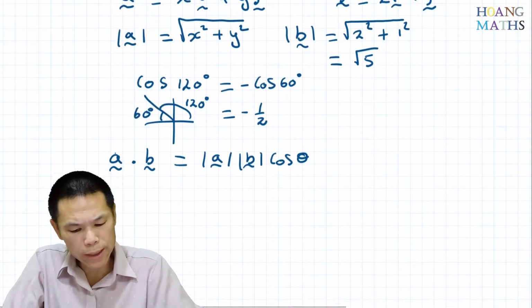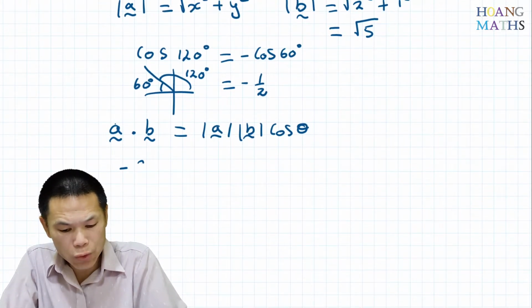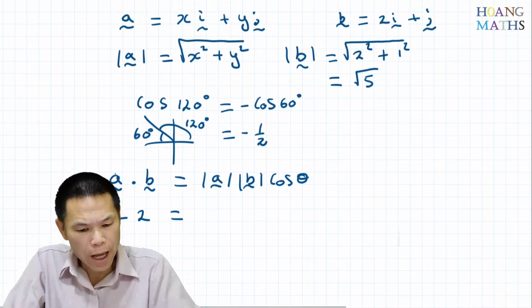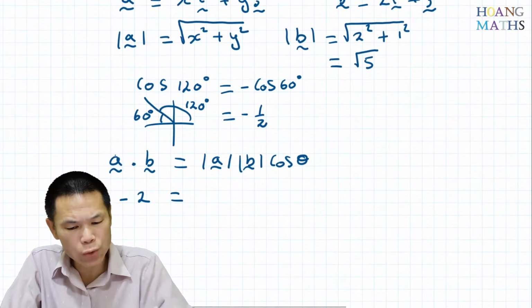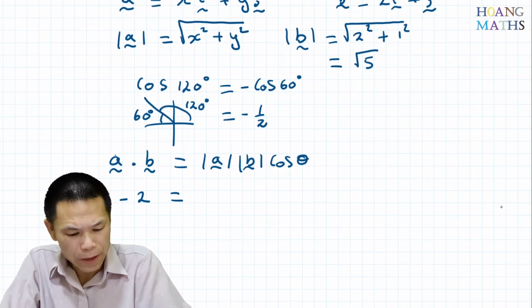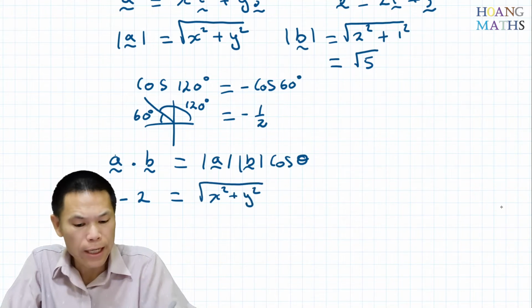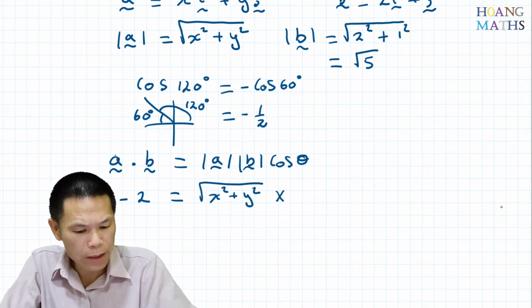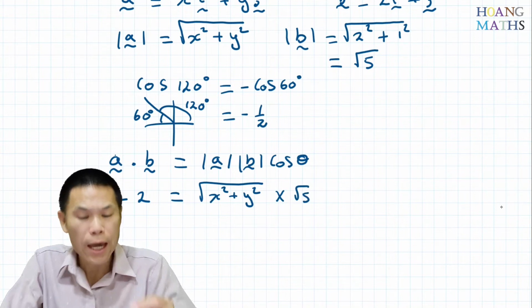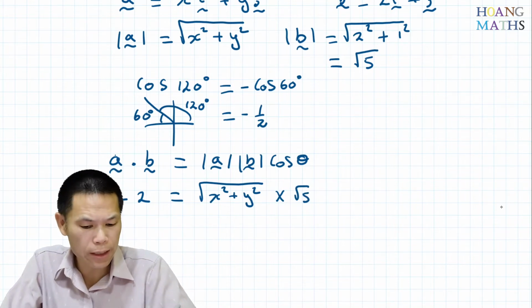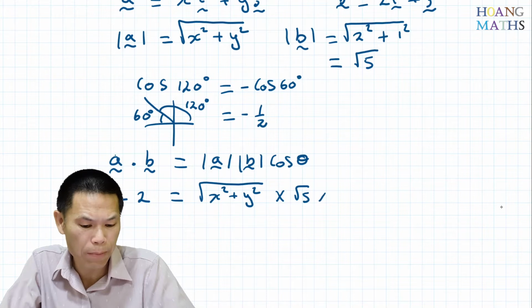So that is -2, and then the magnitude of A is the square root of x squared plus y squared, and the magnitude of B is square root of 5, and cos of theta is cos of 120, so times negative a half.